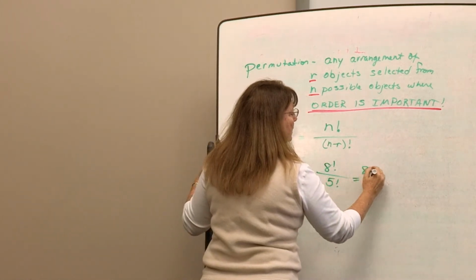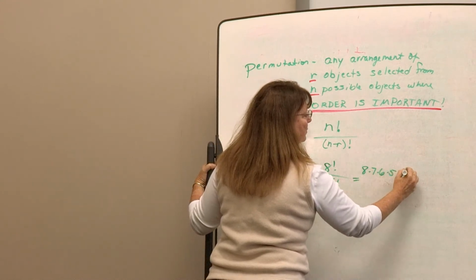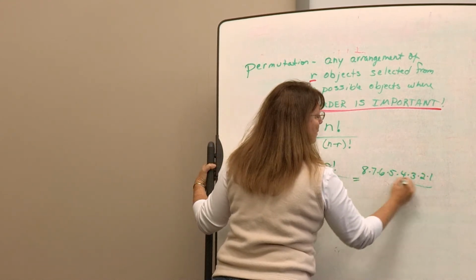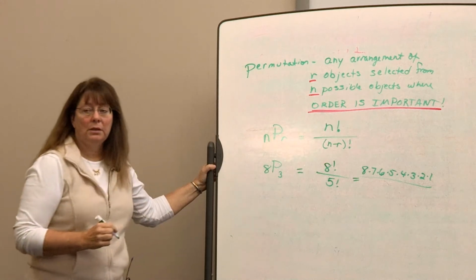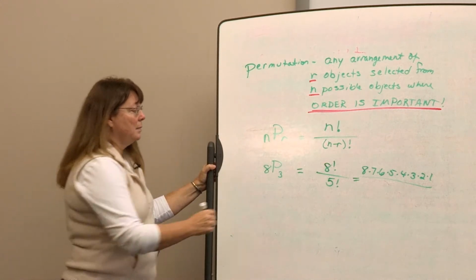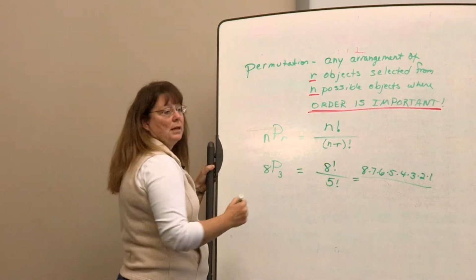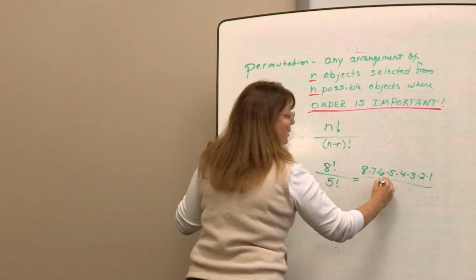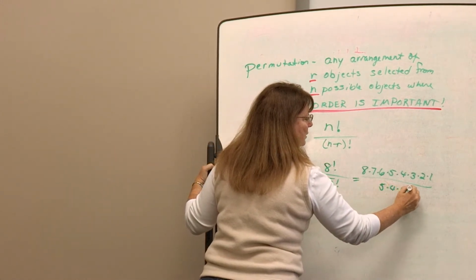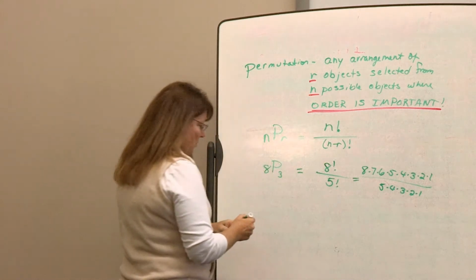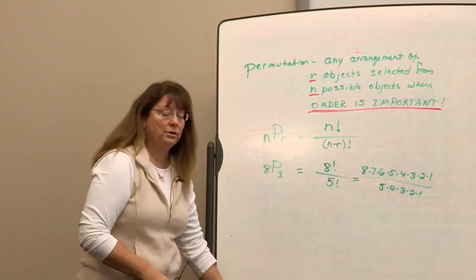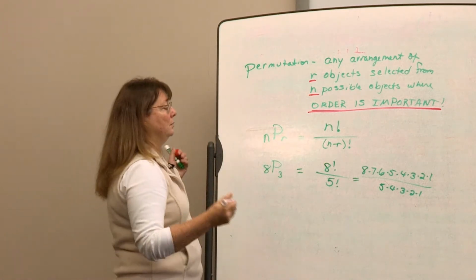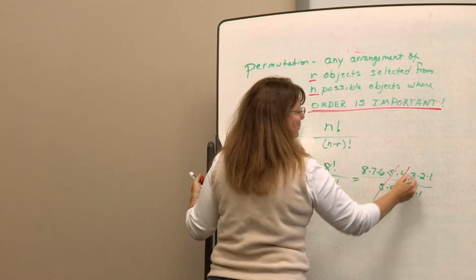So 8 factorial is 8 times 7 times 6 times 5 times 4 times 3 times 2 times 1. And if you had big numbers, they could get pretty long. The nice thing is I'm going to be able to cancel it out with some of these, because 5 factorial is 5 times 4 times 3 times 2 times 1. So I notice that I have a lot that are going to end up canceling each other out.